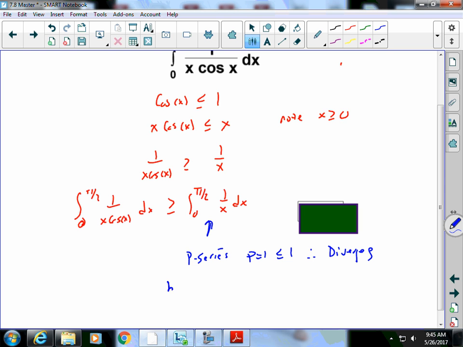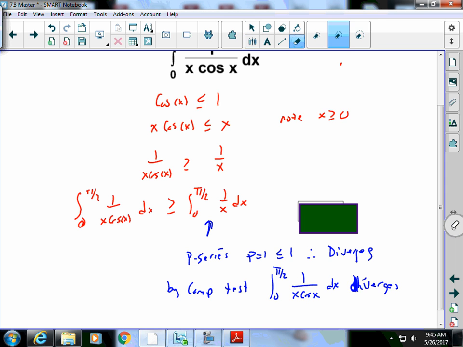I'm almost done. I can say by the comparison test, the integral from 0 through pi over 2 of 1 over x cosine x dx diverges. I've already established earlier which one was bigger and which one is smaller.